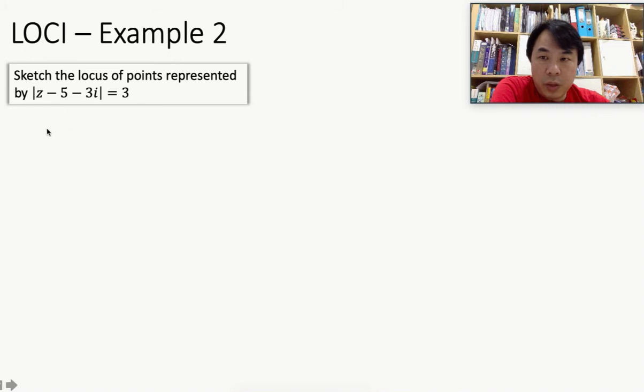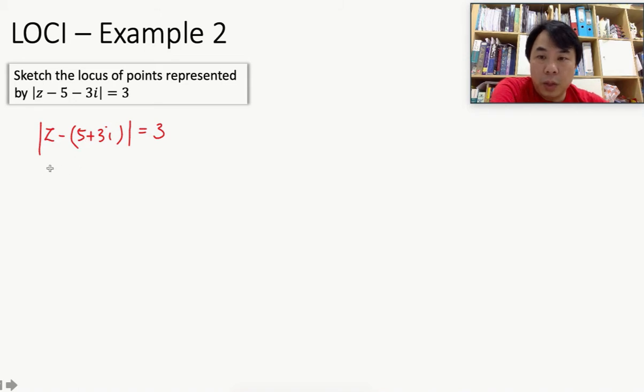First step is to rearrange this. So I'm going to rearrange it in such a way that we can identify the center of this circle clearly, not by using this. Instead, you have to put a bracket around this number to show that its actual center is located at (5, 3) instead of (-5, -3) that we get from here.